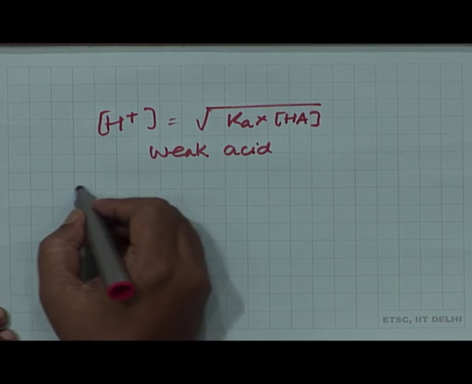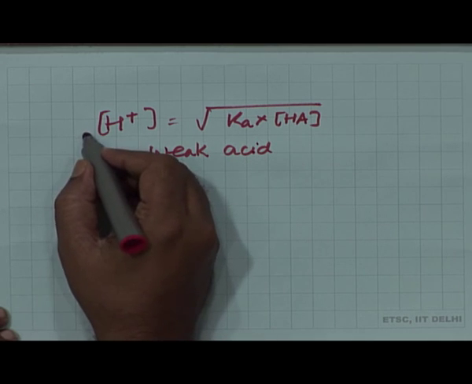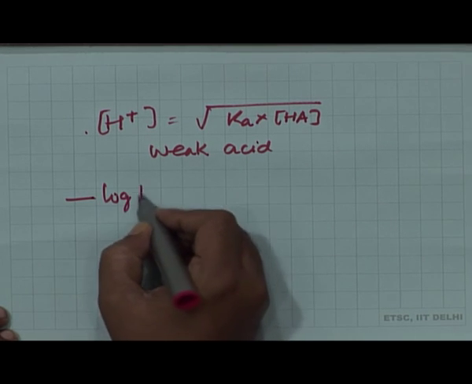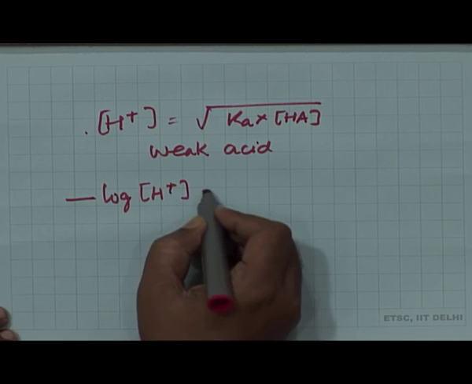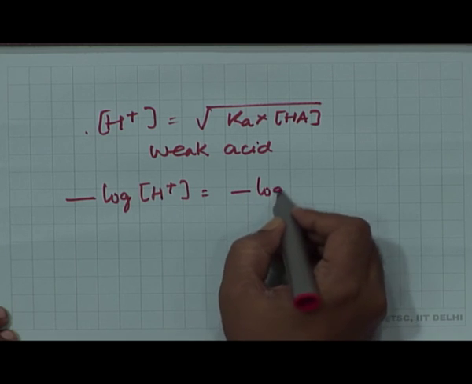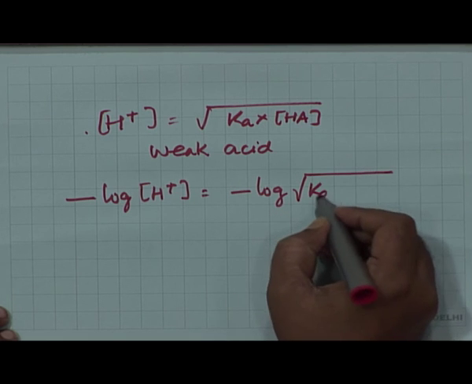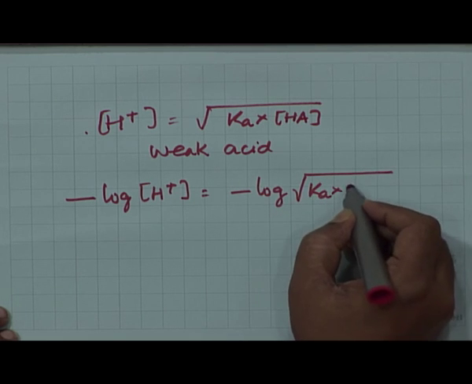If we want to calculate pH, we can simply put minus log H plus, and in place of H plus, you can put the square root of Ka into HA.